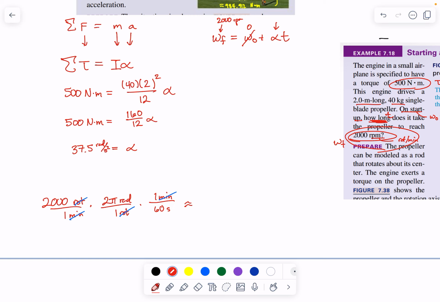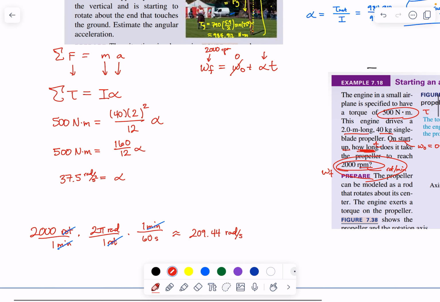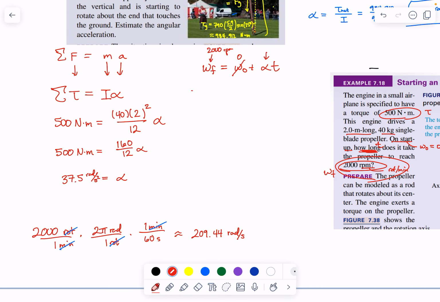Let's see, why am I in scientific mode for some reason? Okay. 209.44. This is going to be radians per second. This is our omega final, 209.44 radians per second.